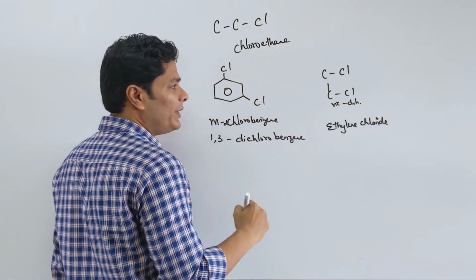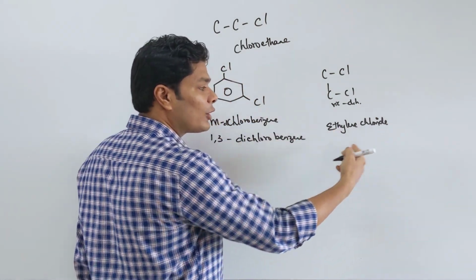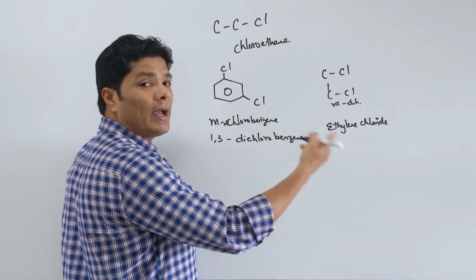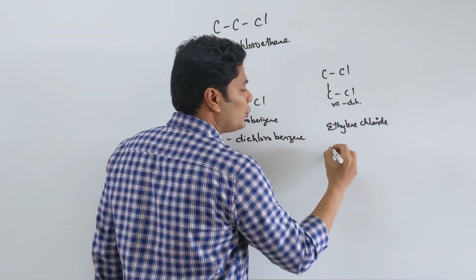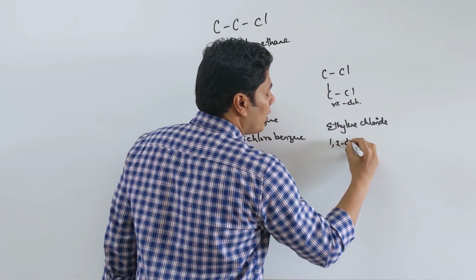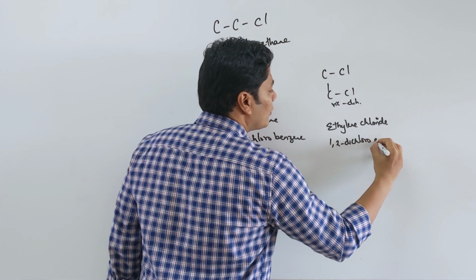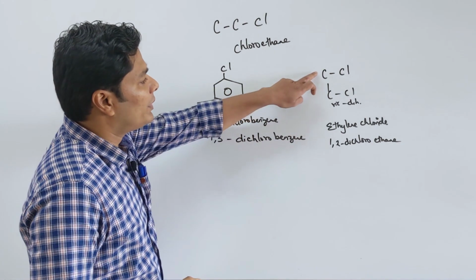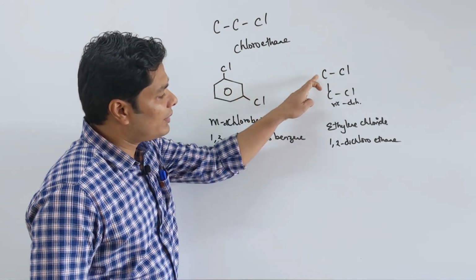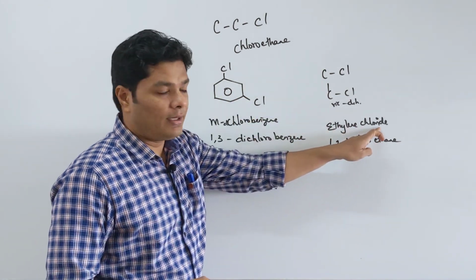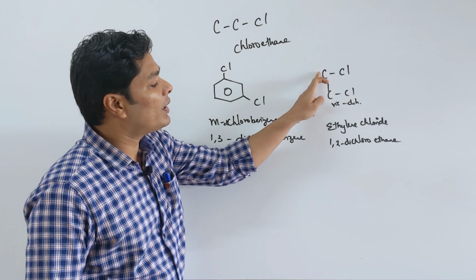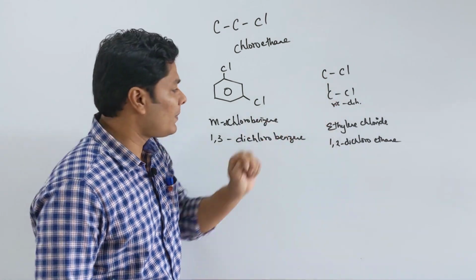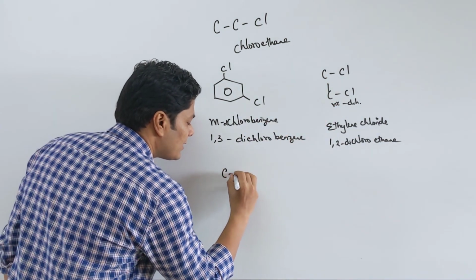But when it comes to IUPAC, obviously I cannot end it with a chloride. It has to be a haloalkane. So, it is 1,2 dichloroethane. If the two chlorines are right here on this carbon, then we would say ethylidene chloride, but it would have been 1,1 dichloroethane.